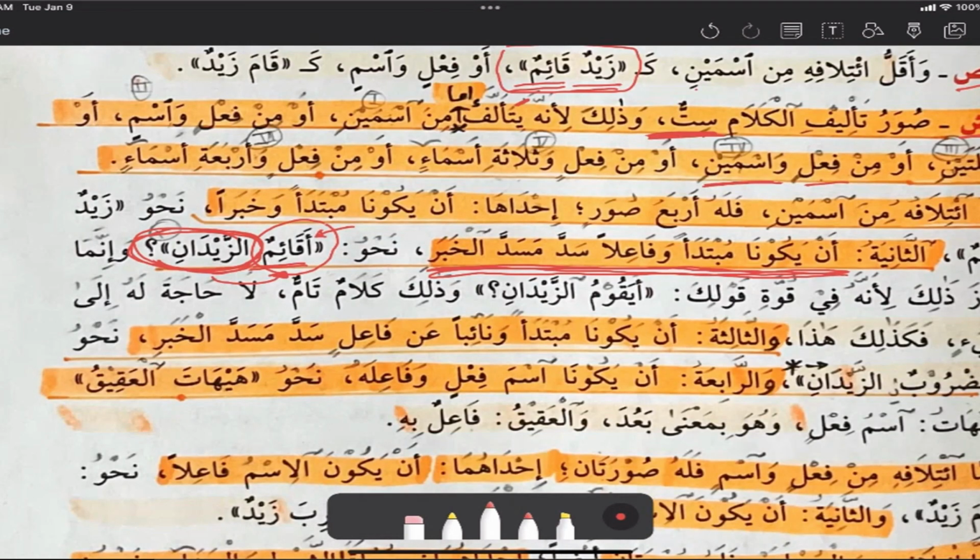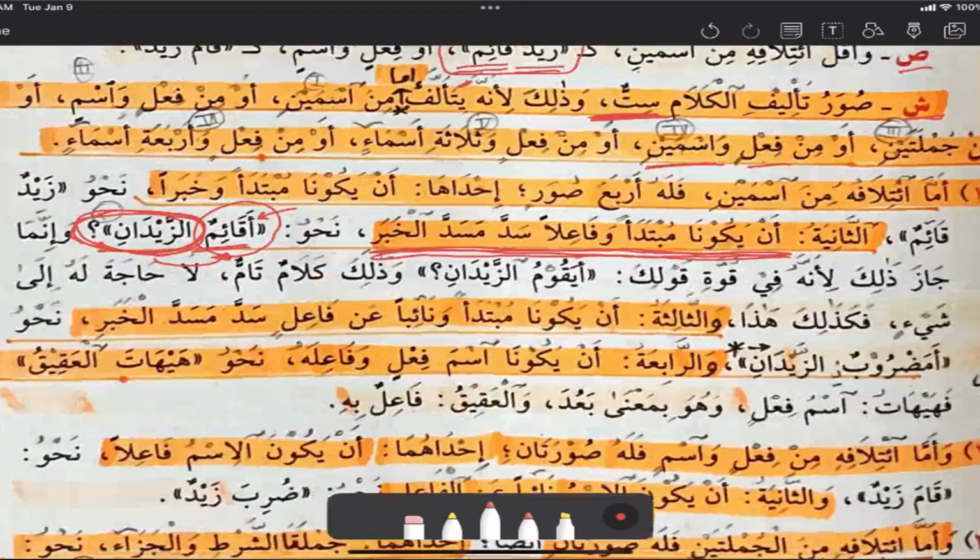Continuing to explain here, though, he says, وَإِنَّمَا جَازَ ذَلِكَ. Merely, what makes that valid? What makes it valid to have a nominal subject basically acting like a predicate, and a verbal subject also acting like a predicate?